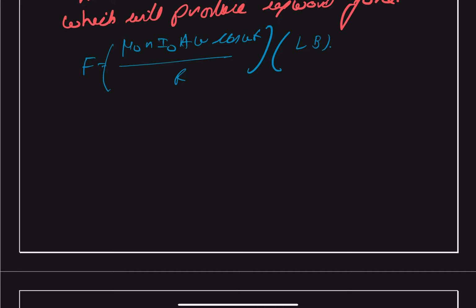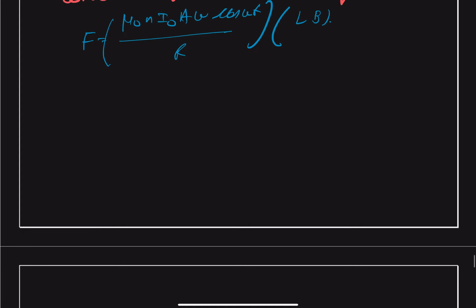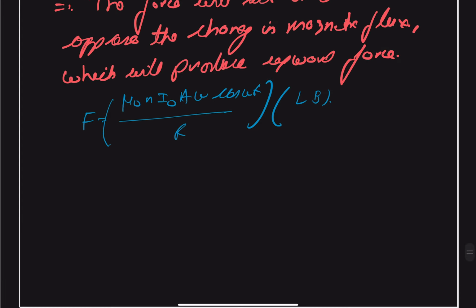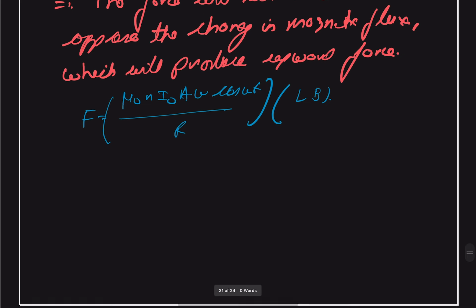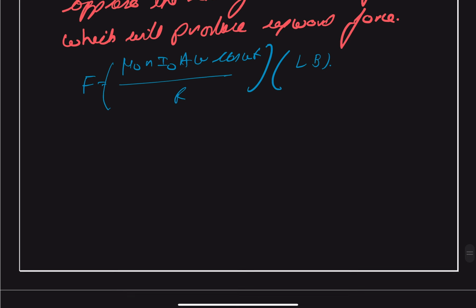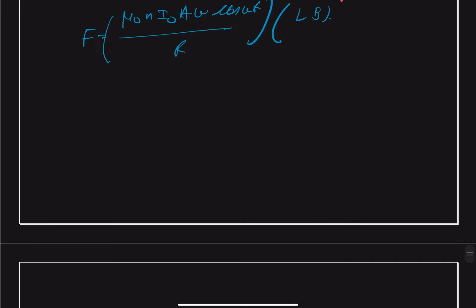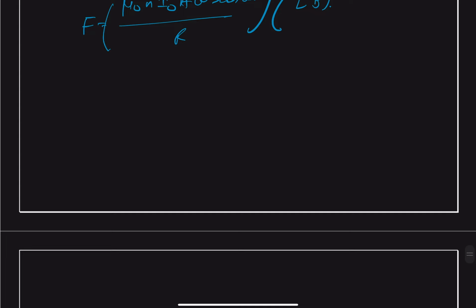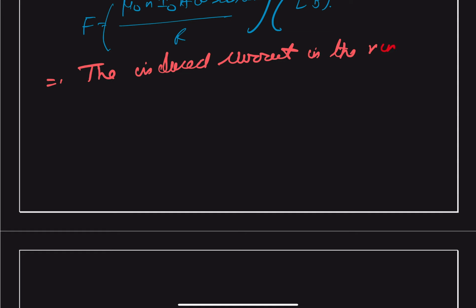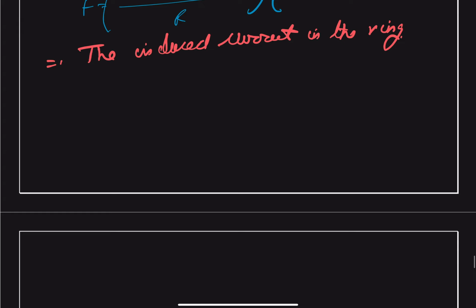We can also make a further analysis: the induced current in the ring will interact with the horizontal component of the magnetic field, and both will repel each other.